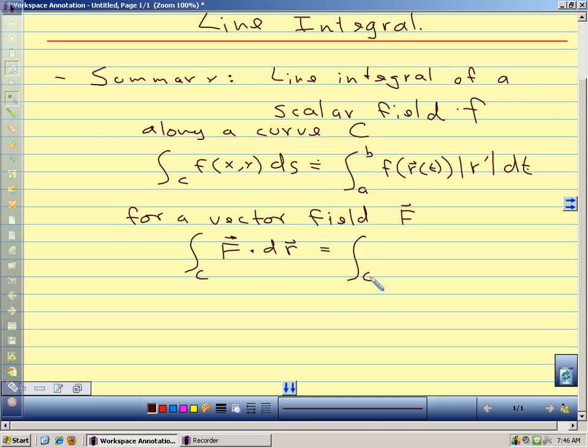That was the integral along our curve of F dot T ds, where T was a unit tangent vector.